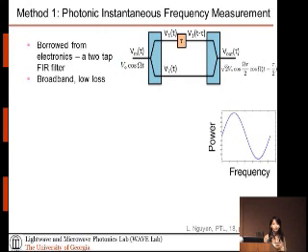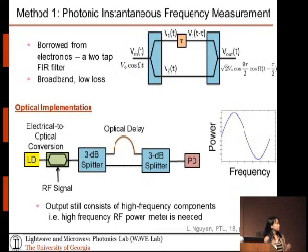First is the photonics instantaneous frequency measurement. It is borrowed from electronics, which is basically a two-tap filter. This is the architecture of the electronics approach. We split the signal, delay one of the branches, and then combine it together. And we have an optical version of it, which looks like this.